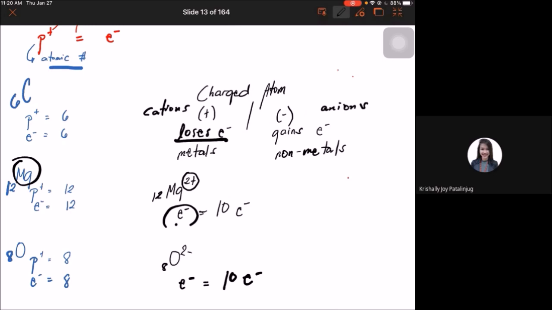So that is what you should remember: metals, during chemical bonding, tend to lose electrons forming cations. Non-metals tend to gain electrons forming anions.